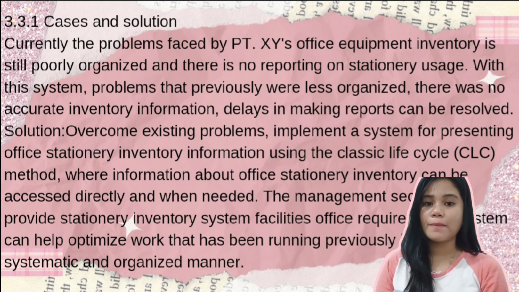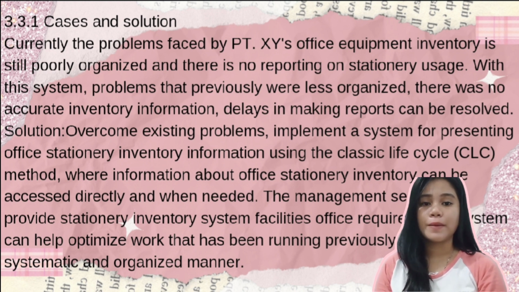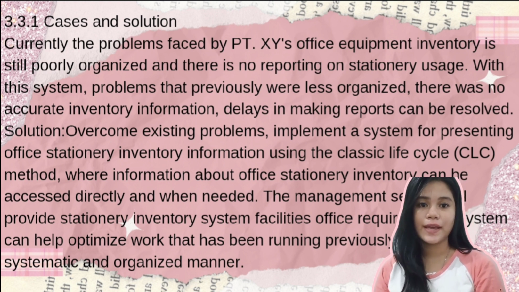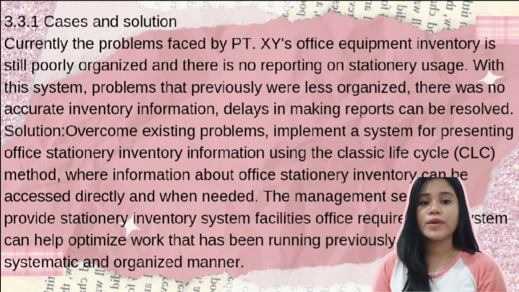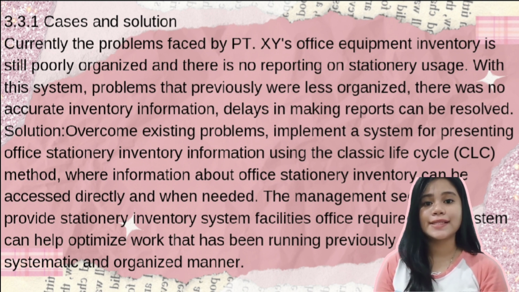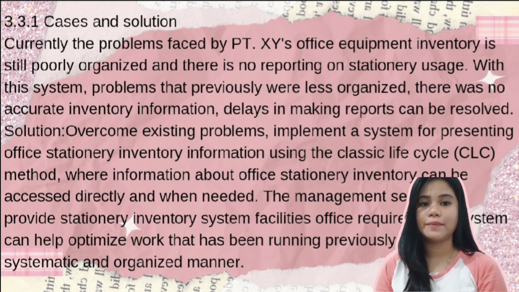Solution: to overcome the existing problems, implement a system for presenting office stationery inventory information using the classic life cycle or CLC method, where information about office stationery inventory can be accessed directly and when needed.